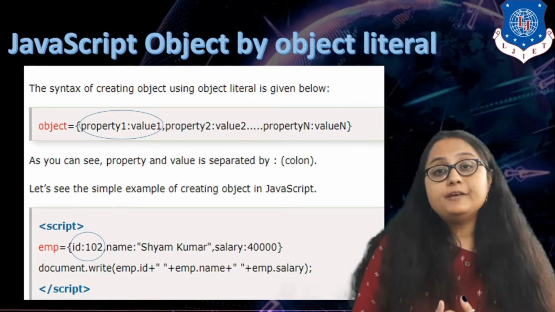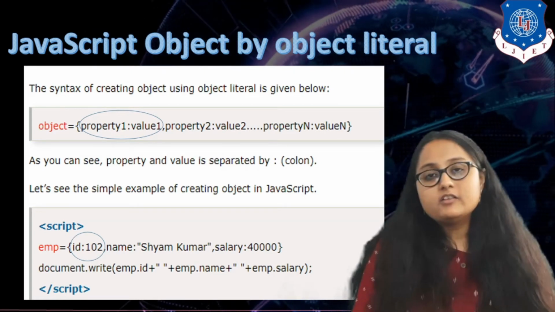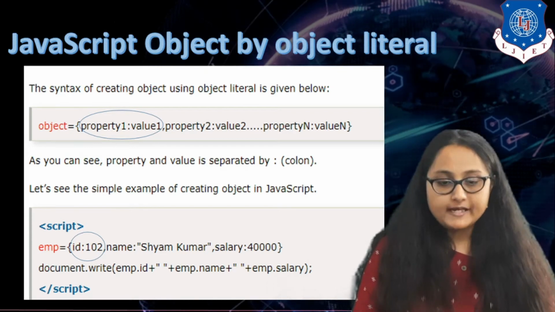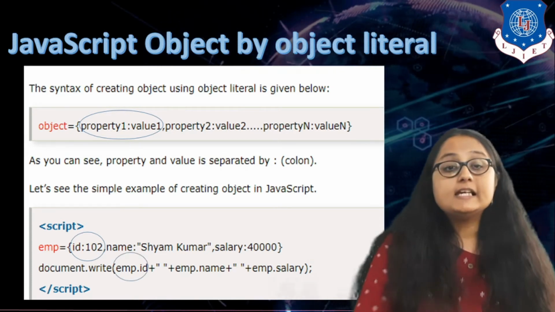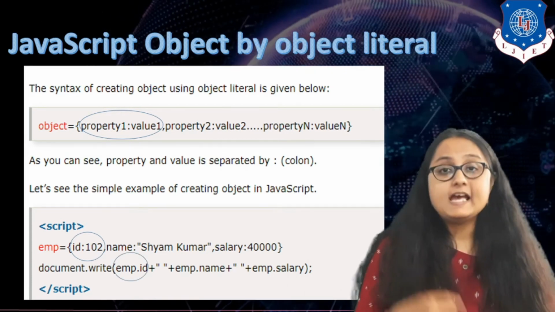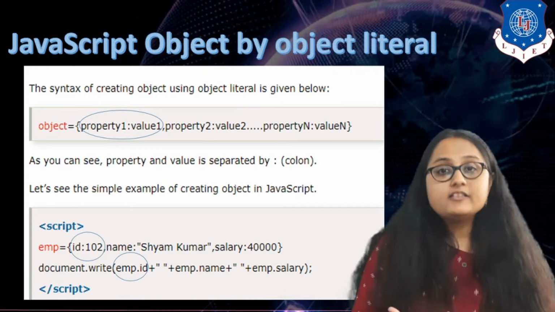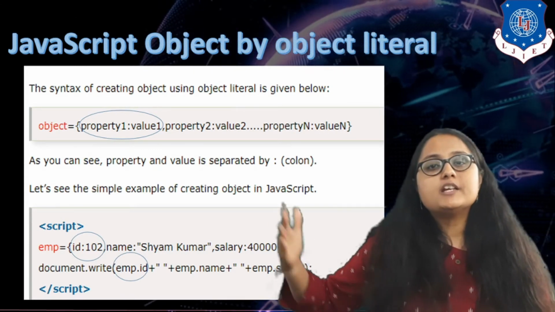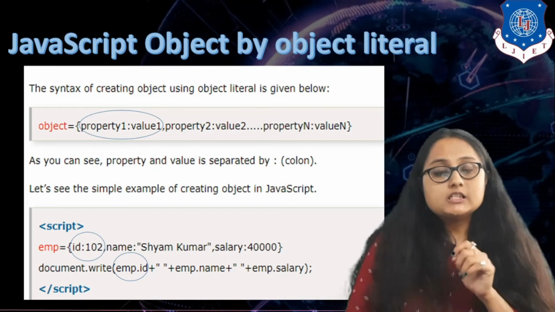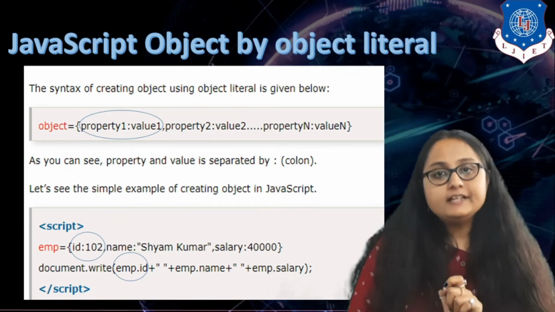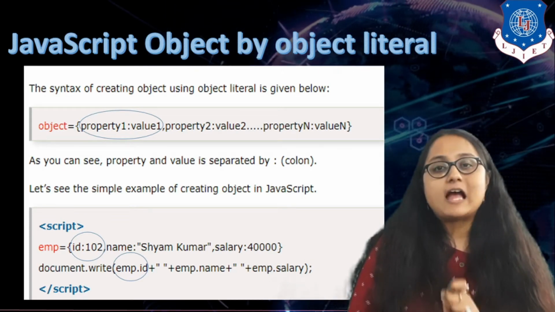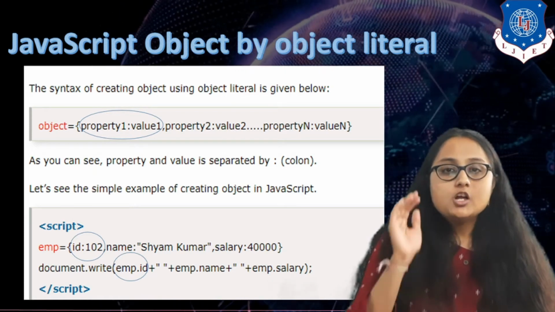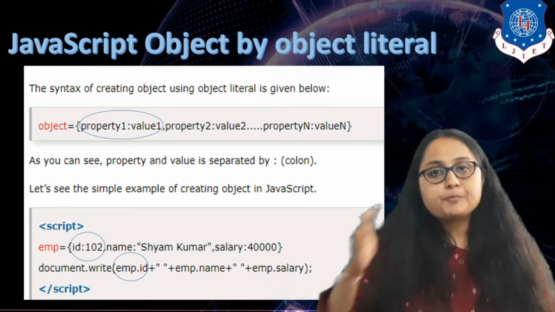Now what if I want to print the value of my object? Here you can see in document.write I have printed the value of all the 3 properties. The syntax of accessing the values of an object is object name dot property name.